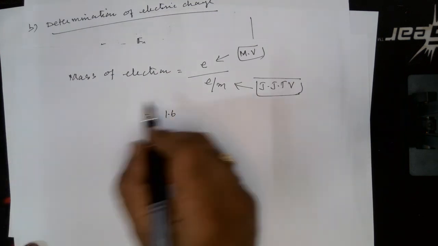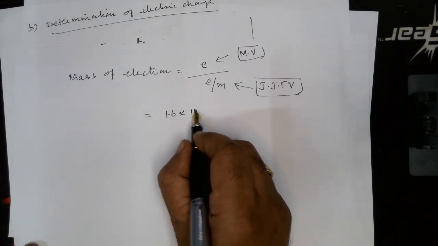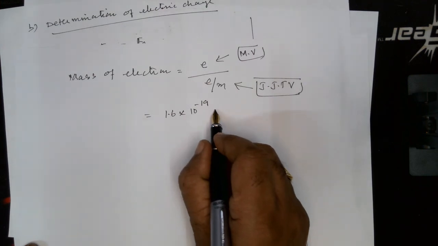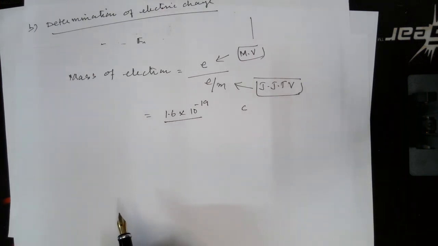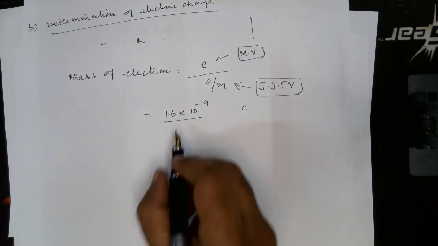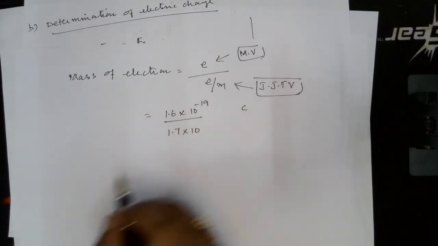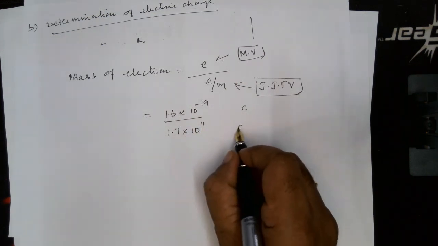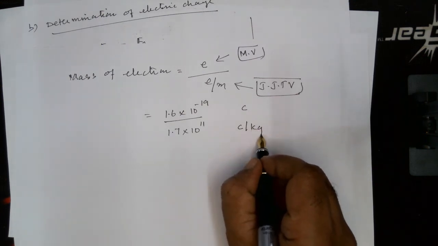1.6, of course minus, so minus, we take absolute value, so 1.6 into 10 power minus 19 coulomb divided by, what is the E by M value? 1 point 7 into 10 power 11 coulomb per kg.